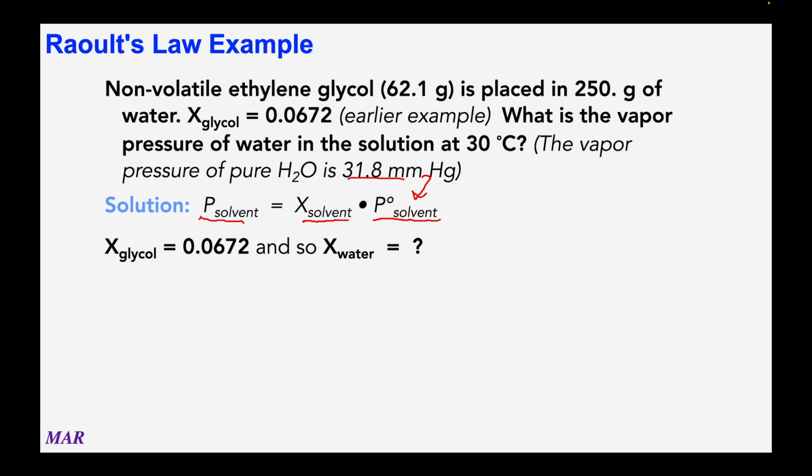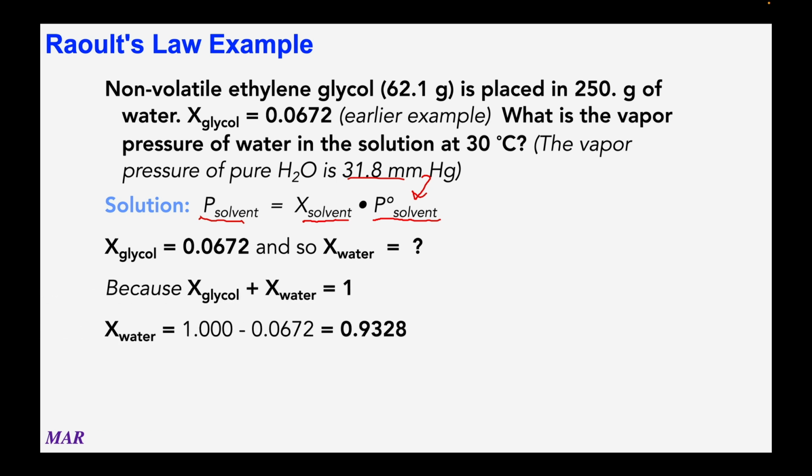Earlier, we calculated the mole fraction of the ethylene glycol, 0.0672, and we want the mole fraction of the water. Now, you could take moles of water and divide it by moles of ethylene glycol plus moles of water. However, if there are only two components, then mole fraction of ethylene glycol plus mole fraction of water will equal 1.